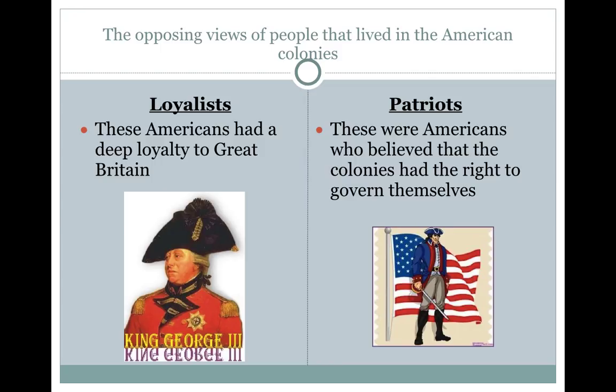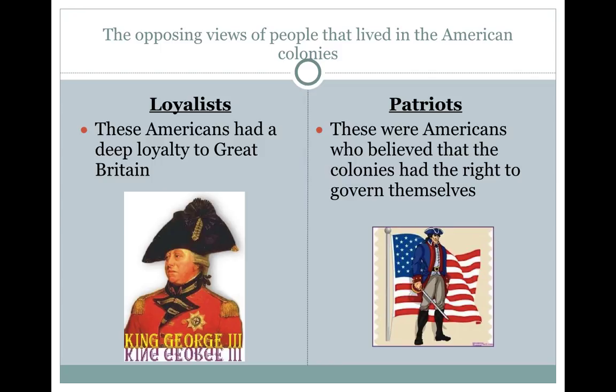And then that brings us to the Patriots, and these guys are basically the opposite of loyalists. These were Americans who believed that colonies had the right to govern themselves. Now there's something I want to make sure you understand. Patriots did not make up the majority of the citizens in the Americas.